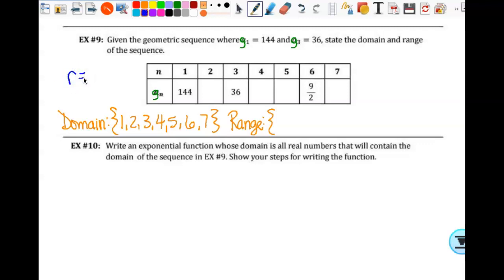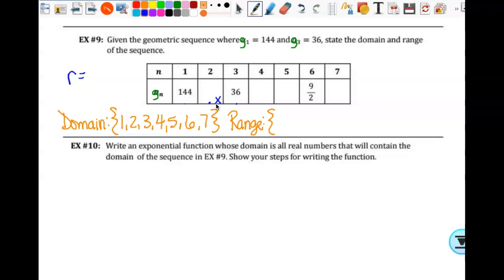Well, to get the common ratio, I would have to take whatever this value is and put it over 144. Or couldn't I take 36 and put it over whatever that value is? Would you agree with that? Like I could do it with any of them, but they have to be next to each other. Like me putting 36 over 144, not going to get me what I need. We agree with that? So we're going to call this one in here that we don't know x, just so we have something to call it.